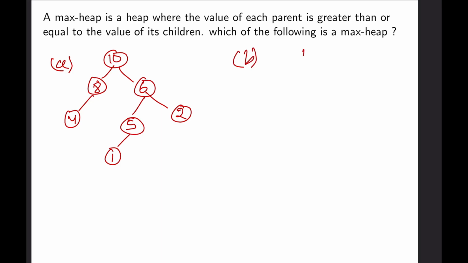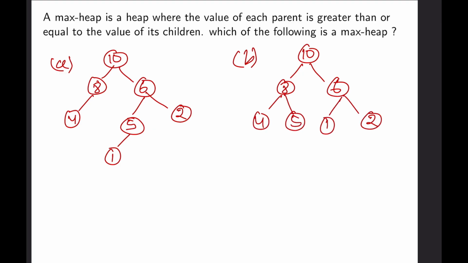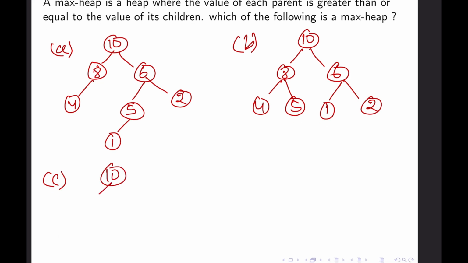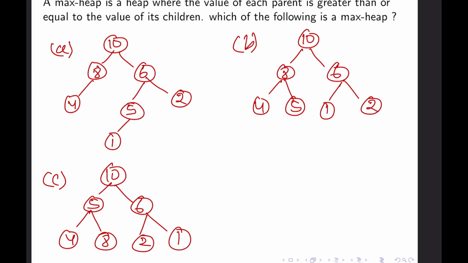Then option B: 10, 8, 6, then 4, 5, then 1, 2. We have another option C: 10, 5, then 6, then 4, then 8, then 2, then 1.